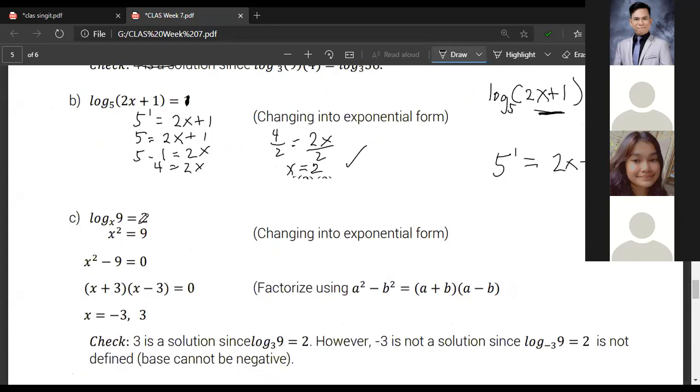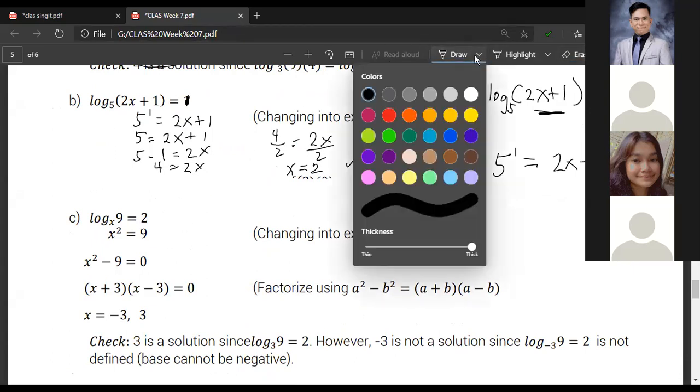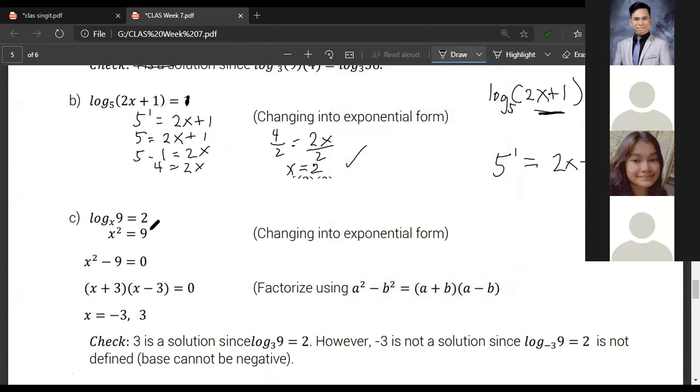O, ganun din dito. Logarithm of 9 with the base x is equal to 2. Magiging x squared equals 9. Ilipat sa kabila, so magiging x squared minus 9.